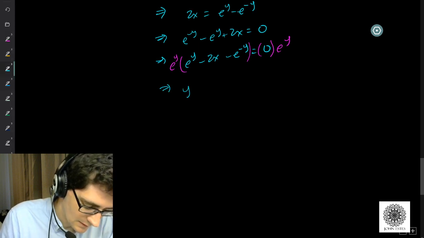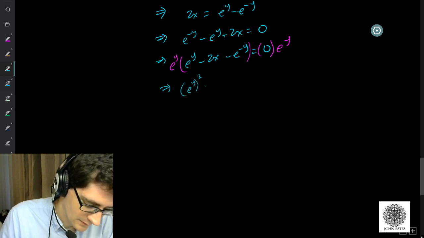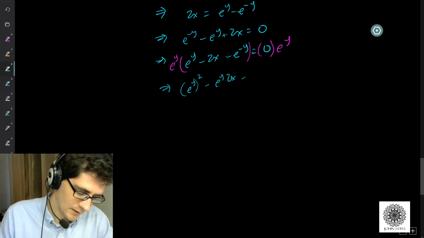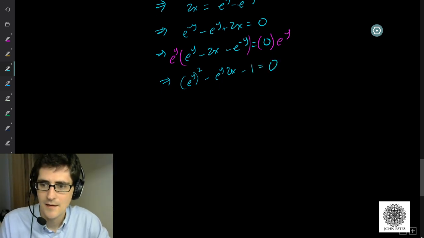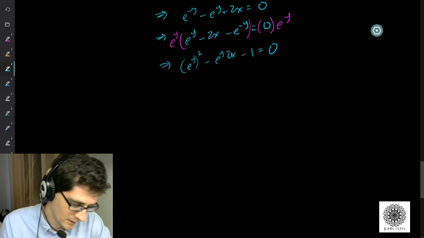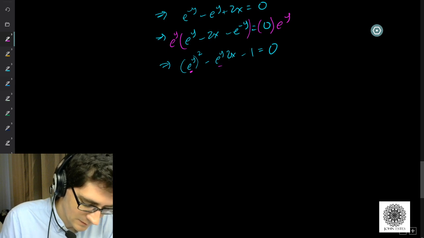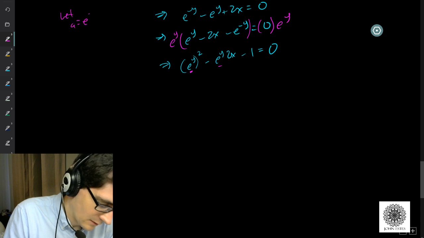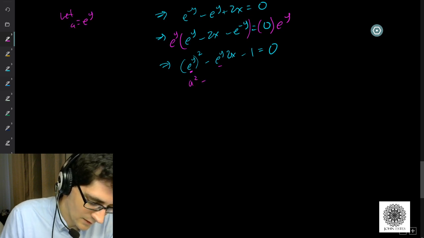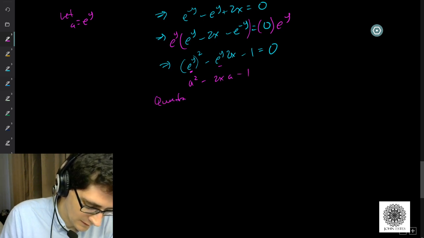Because now I have e to the y quantity squared minus e to the y 2x minus 1 equals 0. And now I can solve this by using the quadratic formula. Because here I have something squared minus something to the first power minus 1. For example, if you let a be e to the y, then I end up with a squared minus 2x times a minus 1. And now I use the quadratic formula to solve for a.